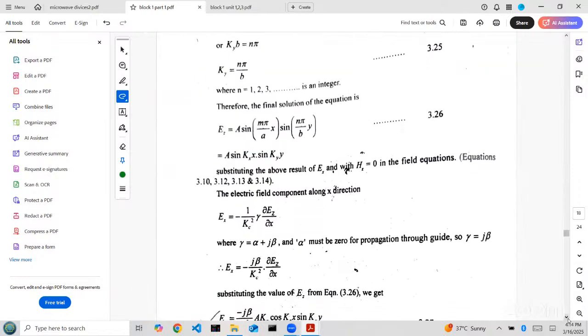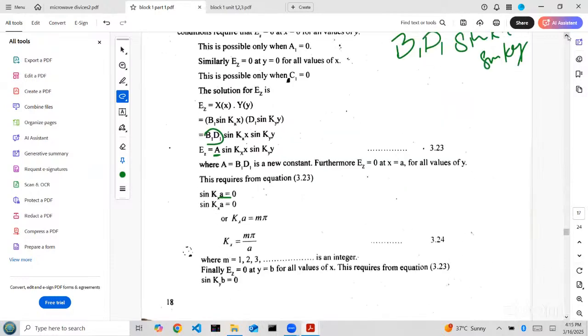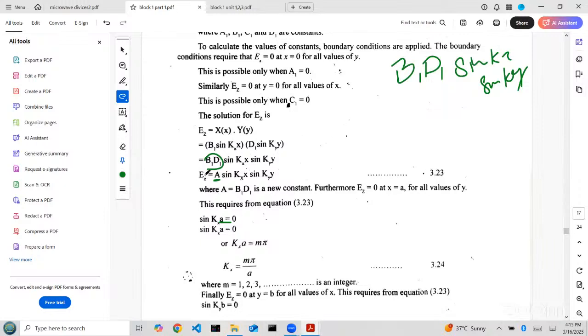This is substituted in the main equation. What is the main equation? Ez. Cross check where Ez is: here in 3.8. Ez equals A sin kx sin ky.